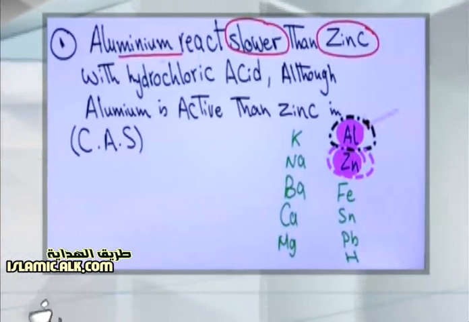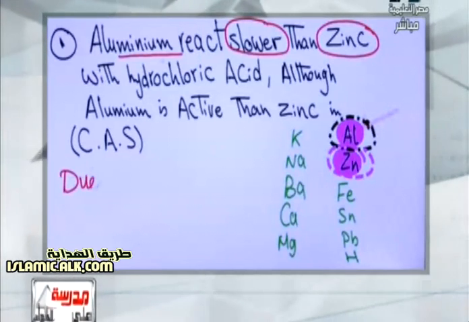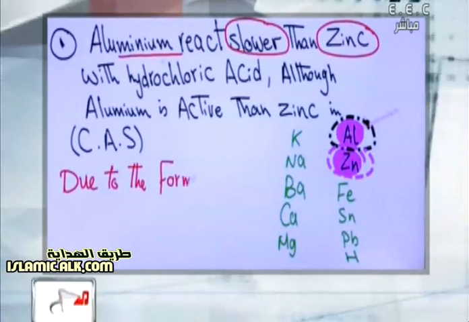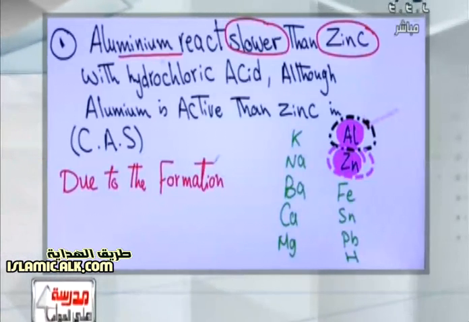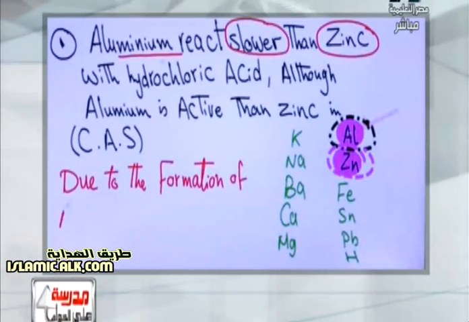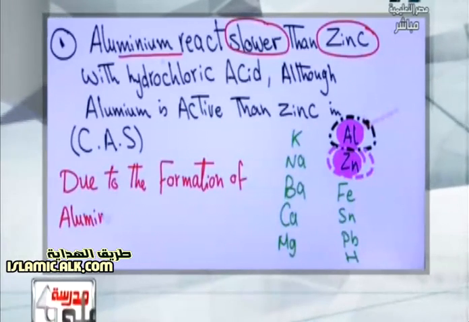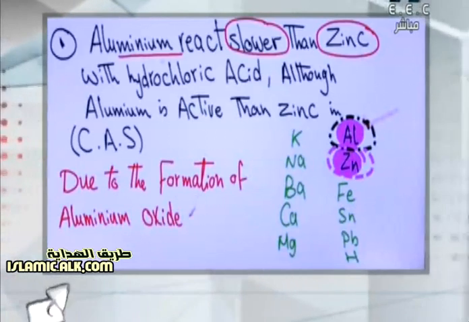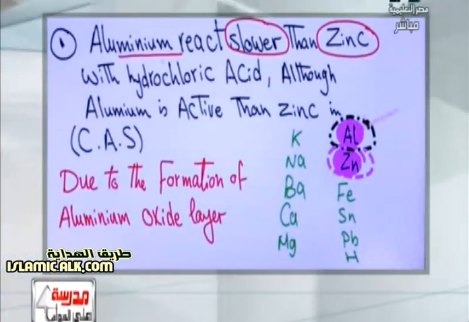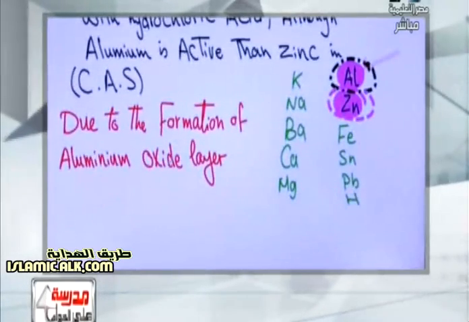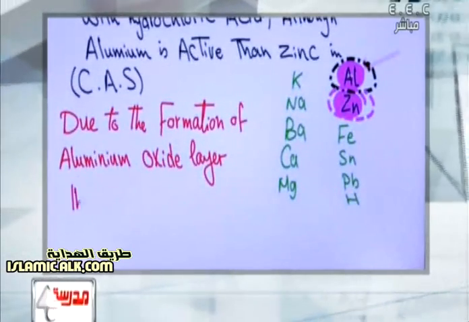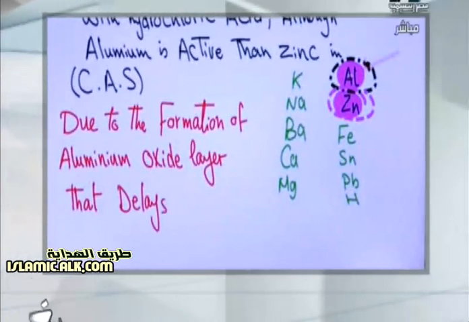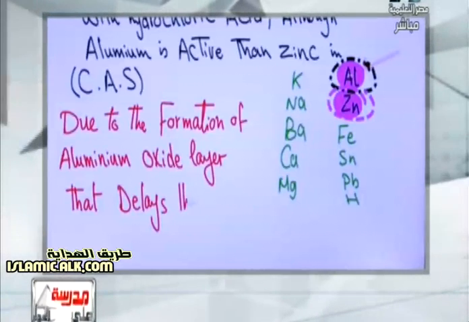اقول له due to the formation of aluminium oxide layer. في layer اتكونت طبقة اتكونت aluminium oxide layer that delays أجلت أو أخرت the reaction.